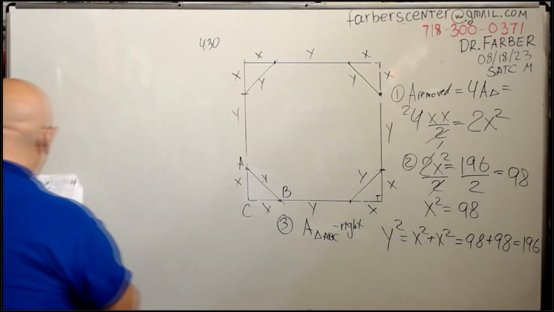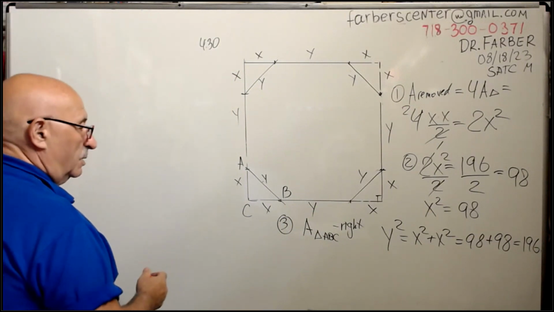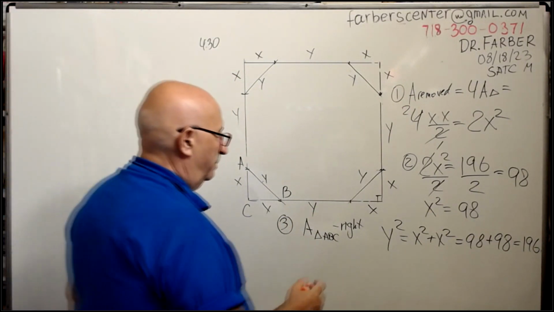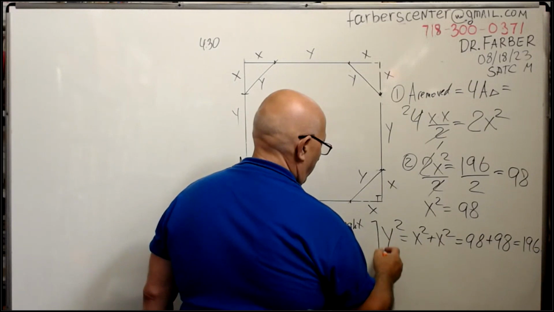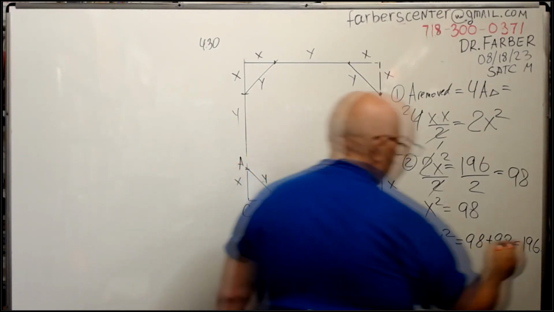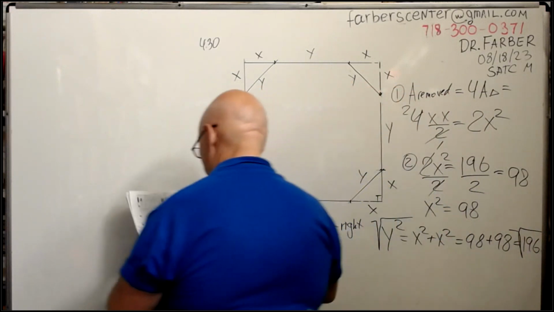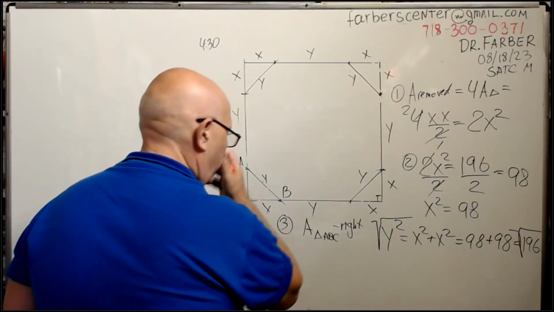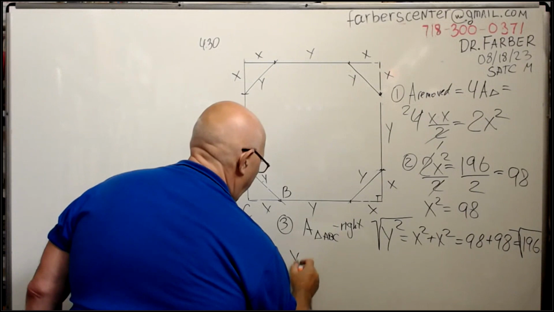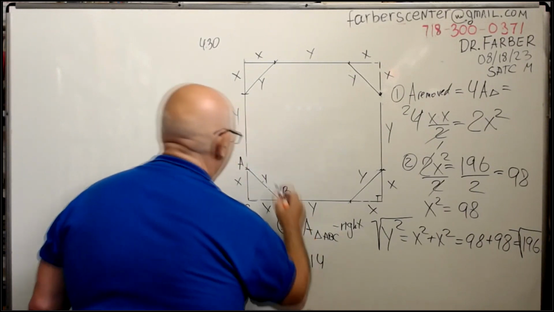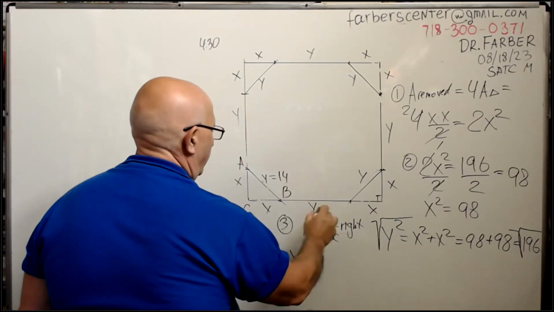So how to find y? Take the square root of both sides, and you instantly get 14. y equals 14.